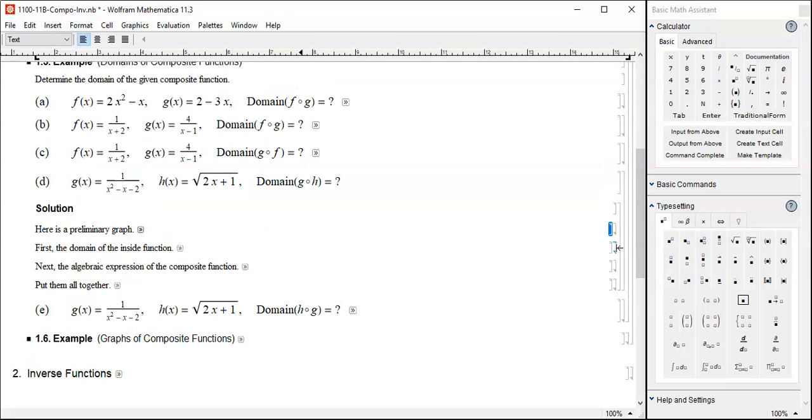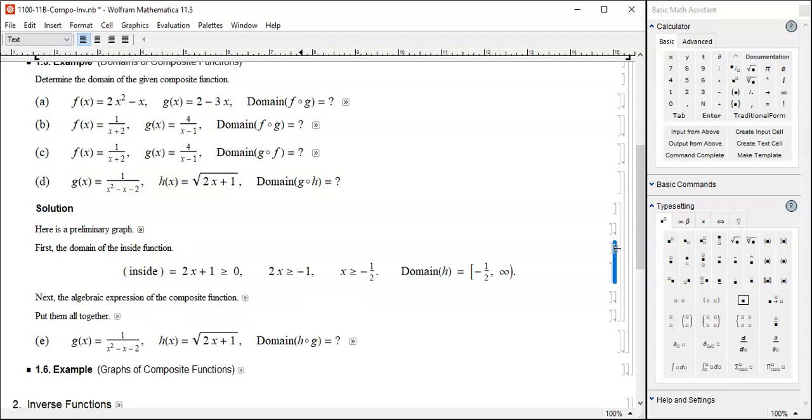Okay, domain of the inside function. The inside of this square root has to be greater than or equal to 0. So there you go, -1/2 to 0. Make sense? Okay, so the domain of my function must be contained here.